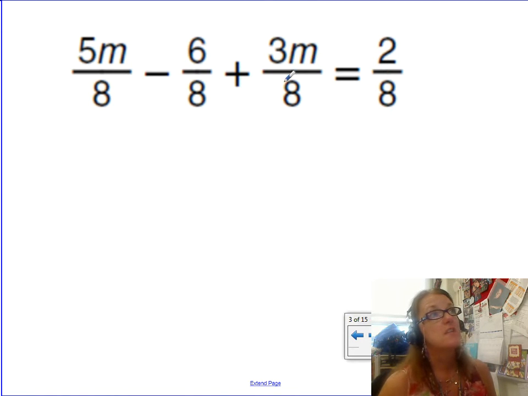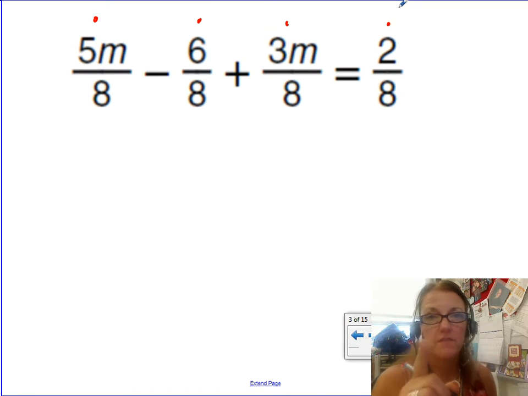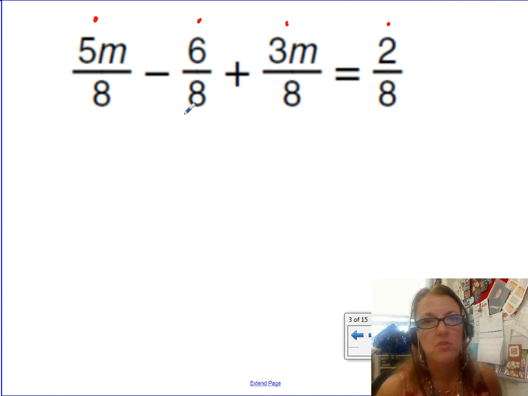All of these terms, okay? Here's a term, here's a term, here's a term, and here's a term. All of these terms have the same denominator. And when that happens, I'm going to show you a strategy, since you are masters of the distributive property, called clear the denominator. Watch what happens.